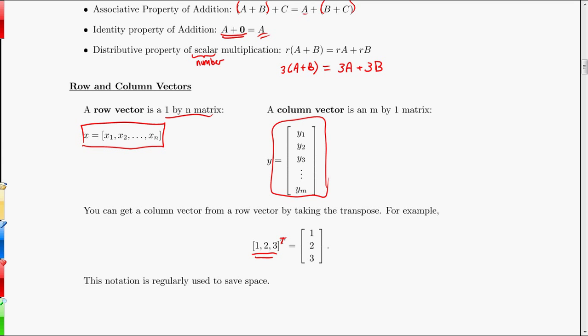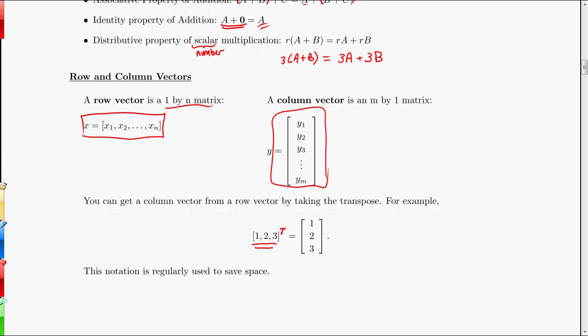That takes that row and turns it into a column. You don't often have much use for this algebraically. Well, actually you do sometimes. But I use it in the book quite often because a column vector takes up more space. So if I'm working with a column vector and I want to write it into a paragraph, I'll write it as a row vector with the T above it. It takes up a little less space.